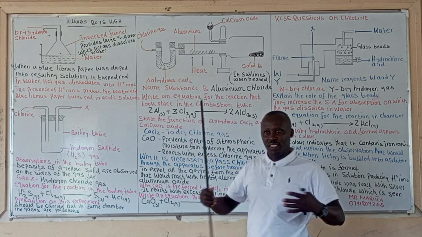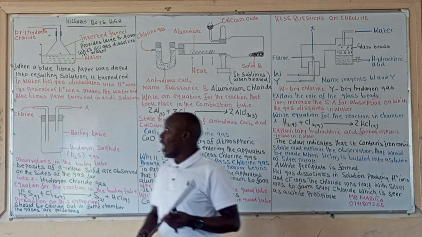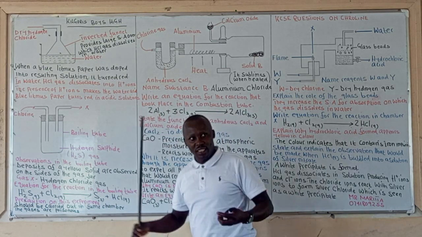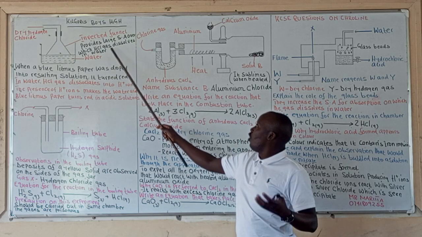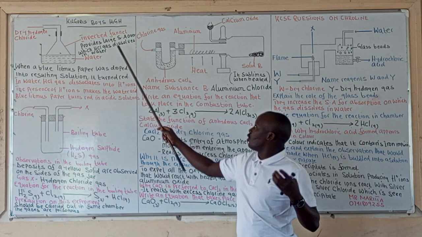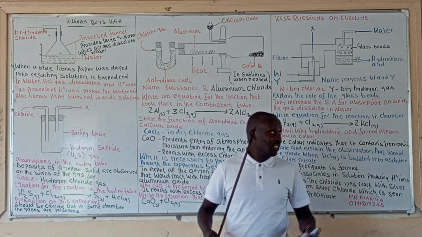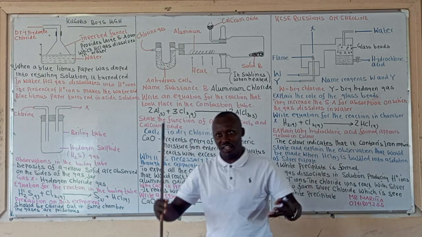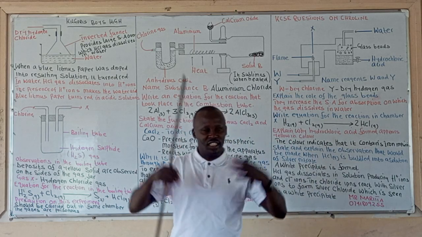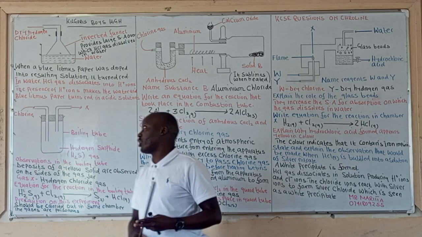The purpose of this inverted funnel: we know that hydrogen chloride dissolves in water, and the purpose of the inverted funnel is to provide a large surface area over which the hydrogen chloride gas dissolves in water. So if you are asked to state the purpose of the inverted funnel, it is just increasing the surface area for the hydrogen chloride gas to dissolve in water.